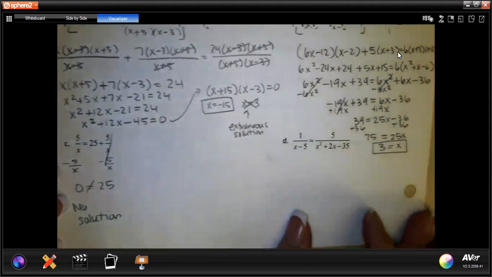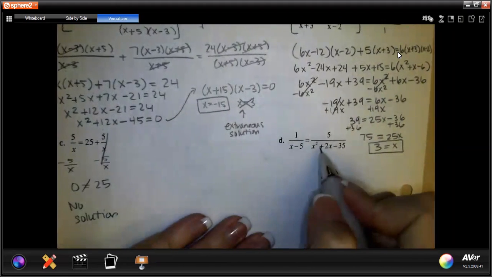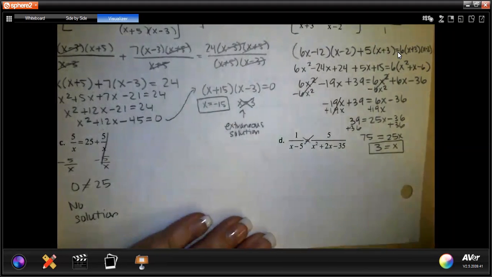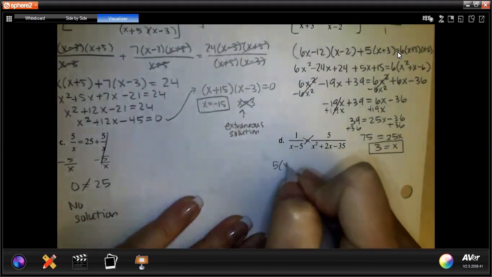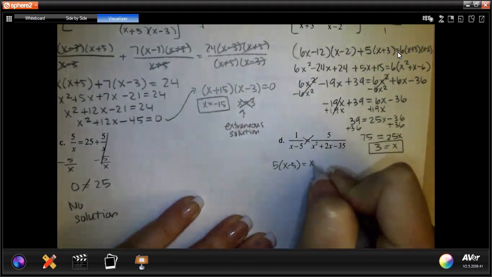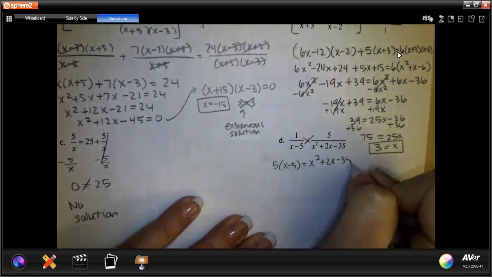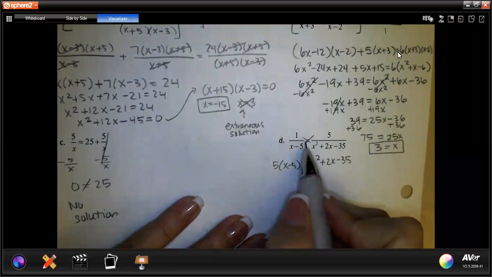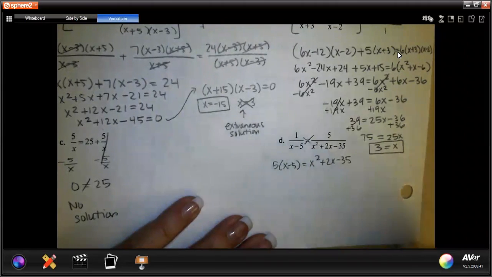All right, for D, this is another good one to cross multiply because it's got one fraction on each side. So we're ready to cross multiply here. So we get 5 times x minus 5 equals x squared plus 2x minus 35. Again, we can cross multiply this because there is one fraction on each side.